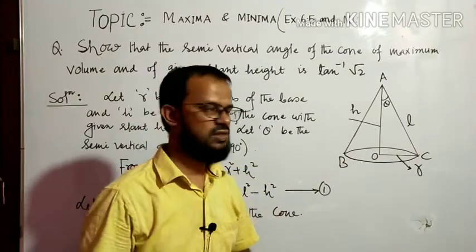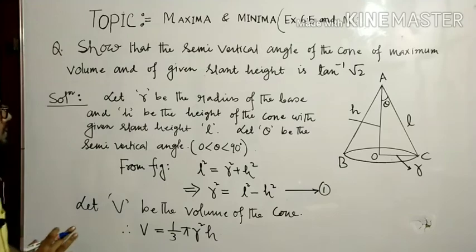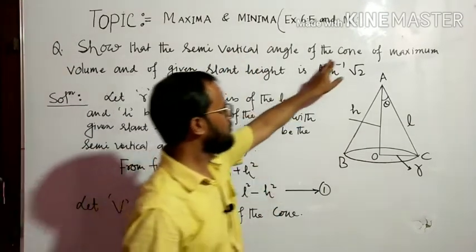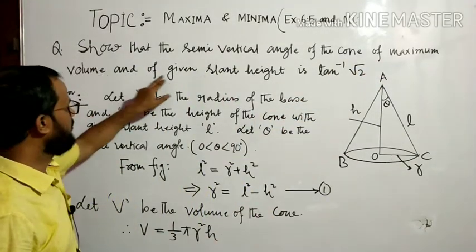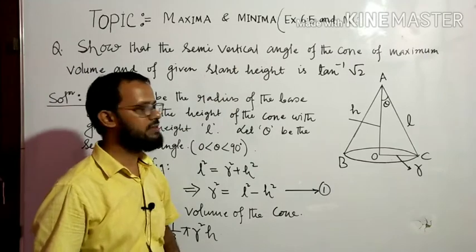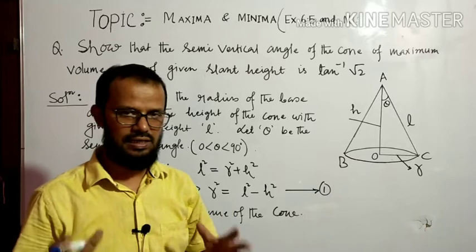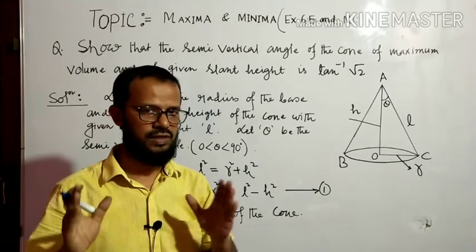Next problem of the class: show that the semi-vertical angle of the cone of maximum volume and of a given slant height is tan inverse root 2. That means if the slant height of a cone is given, you are going to draw different cones with fixed slant height.